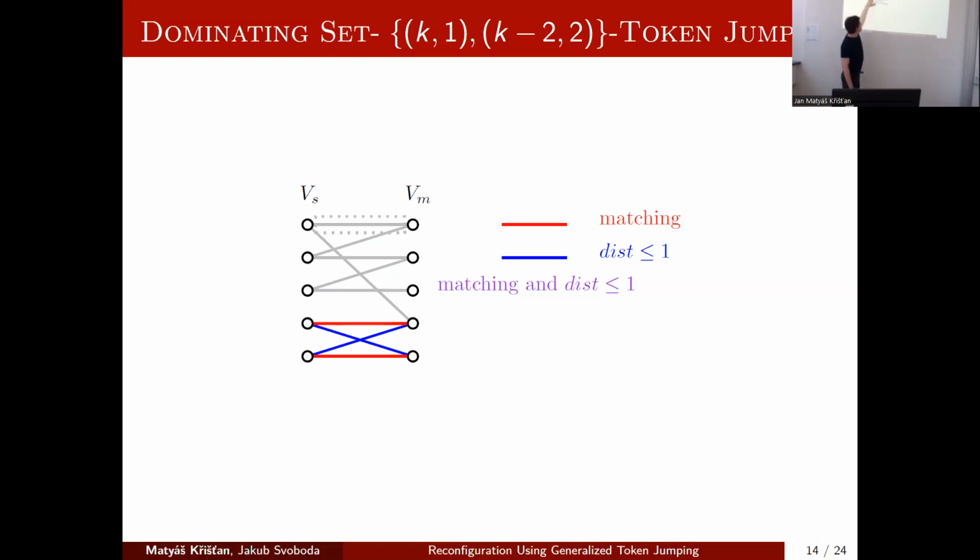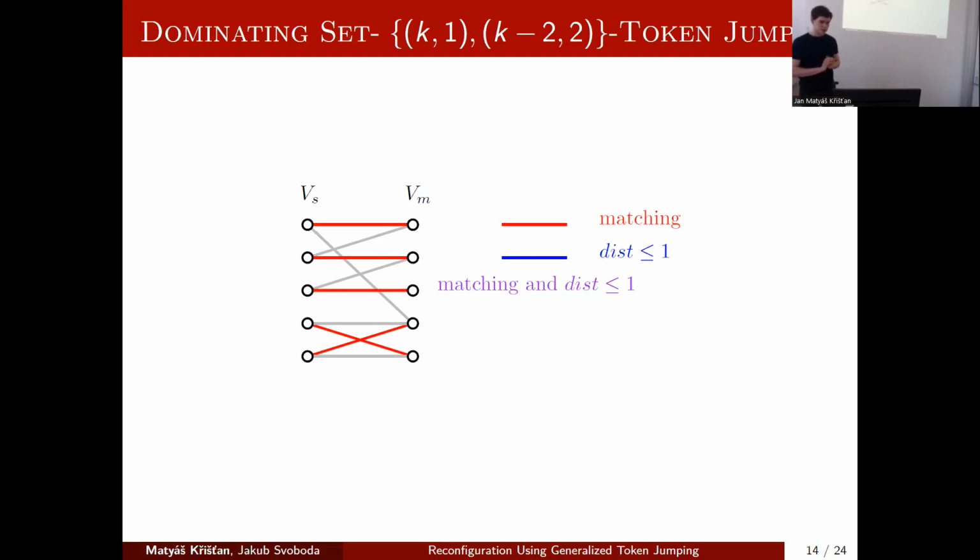Now we can swap in our matching along this cycle, and we will exchange 2 edges in the matching by 2 edges of distance at most 1, or at least, because it's a bipartite graph, we will have a cycle of size at least 4. So in the switch we will exchange at least 2 edges. So this is the move that we wanted. We know that now it uses at most k minus 2 jumps to distance 2.